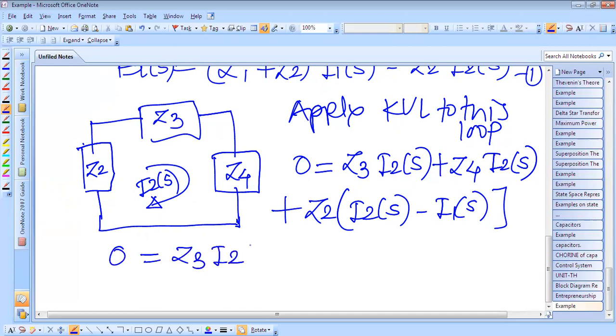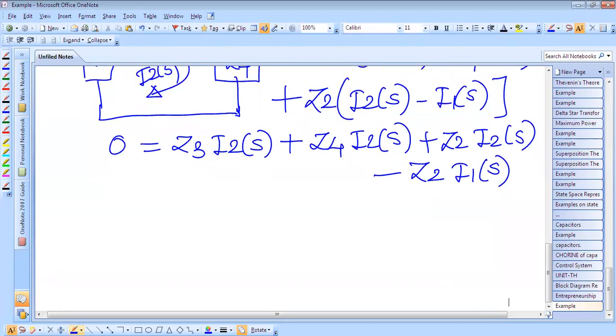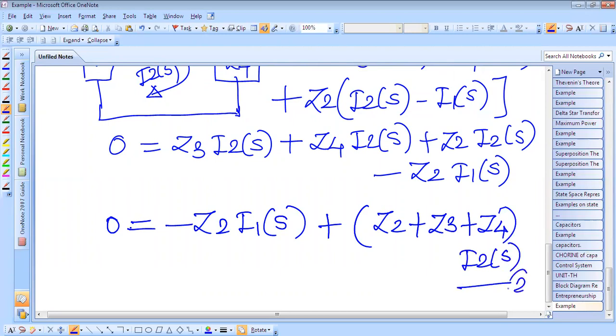Z3 I2 of S plus Z4 I2 of S plus Z2 I2 of S minus Z2 into I1 of S. This again we can separate I1 and I2 terms. So minus Z2 I1 of S plus Z2 plus Z3 plus Z4 into I2 of S. This is equation number 2.